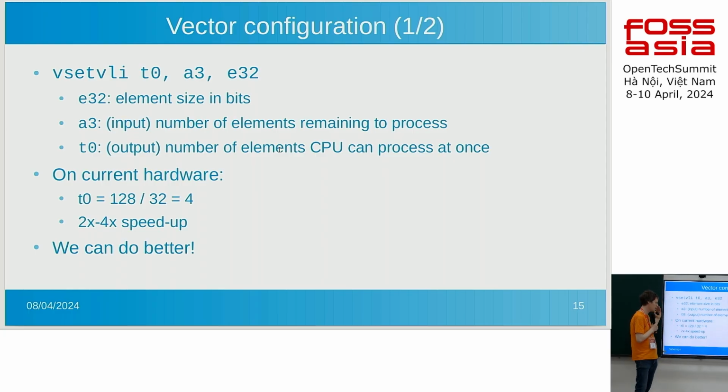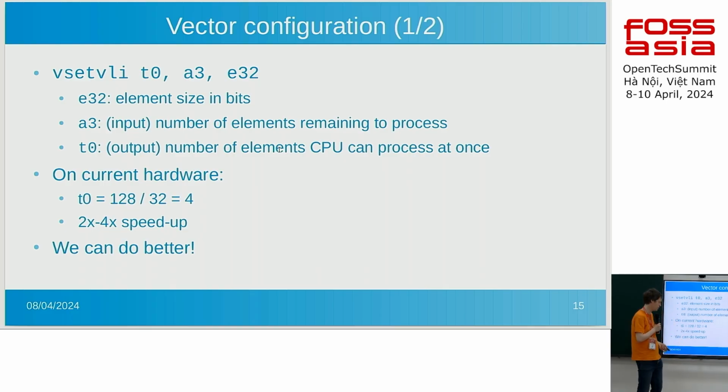On current hardware, in practice, we have 128-bit vectors, so with 32-bit elements we're going to get 4. Assuming that A3 is larger than 4, T0 is going to be equal to 4, which means we get a speed up of approximately 4x.